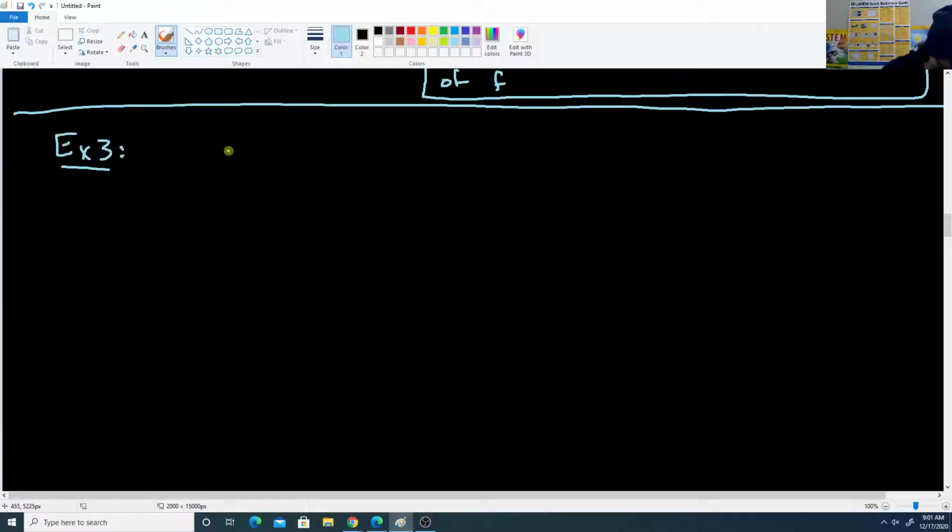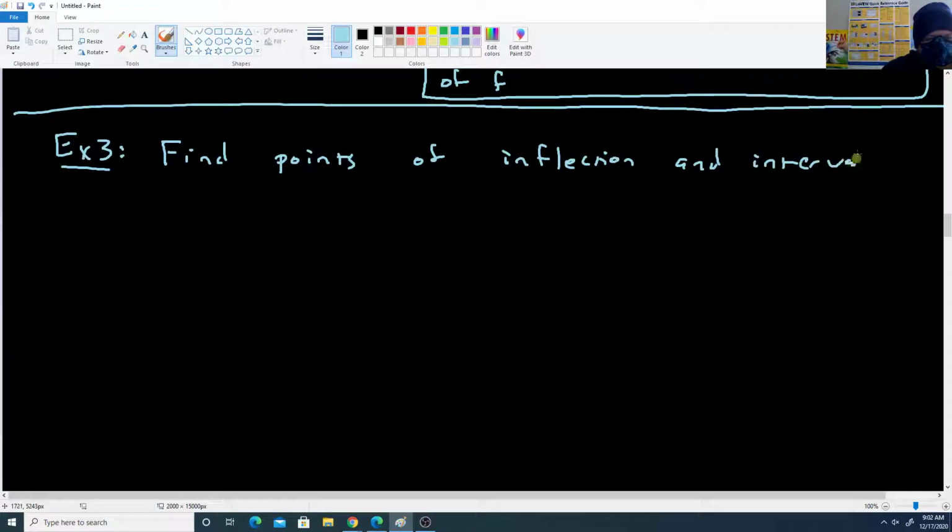All right, so example 3. What they want us to do is find points of inflection and intervals of concavity.